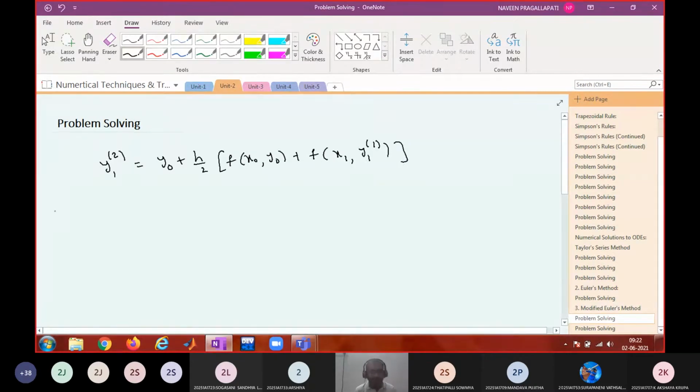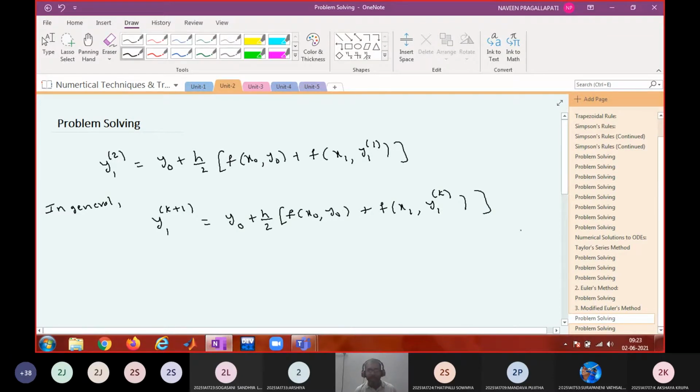So in general, what could be the estimate for y1 in the (k+1)th iteration? This can be y0 plus h/2 times f(x0, y0) plus f(x1, y1 power k).